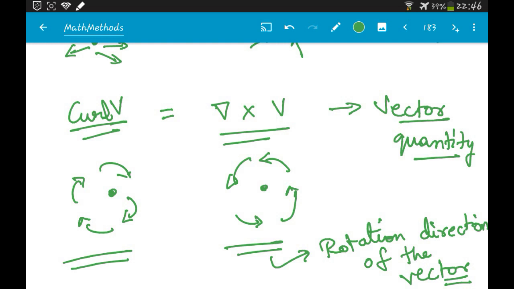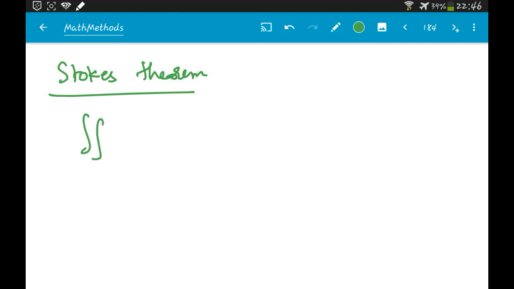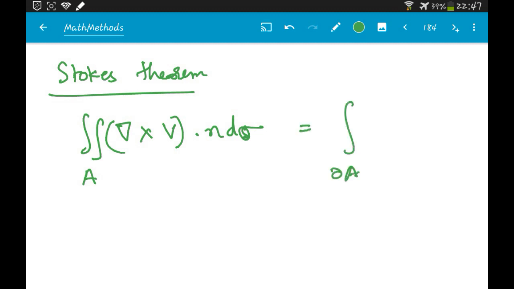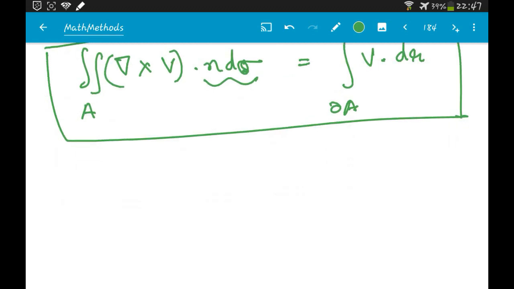Okay, let us do a problem. One more thing that I forgot to tell you for Stokes theorem: the Stokes theorem was the double integral over an area of curl of V dot n d sigma, which gives you the line integral over dou A of V dot dr. In this, what is the surface? n d sigma represents the normal from the surface.